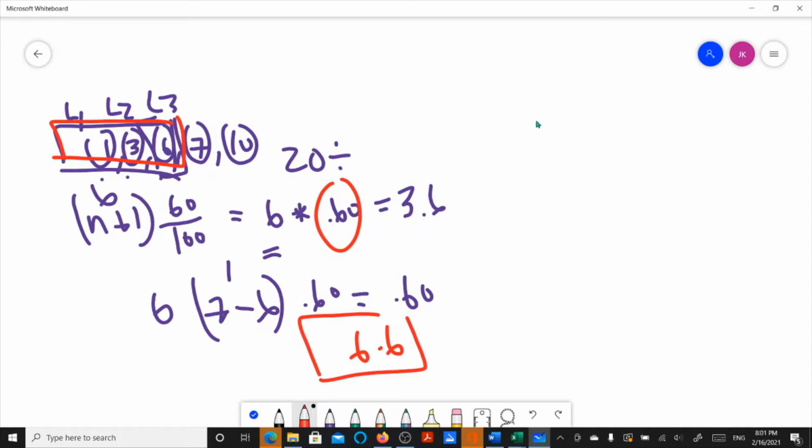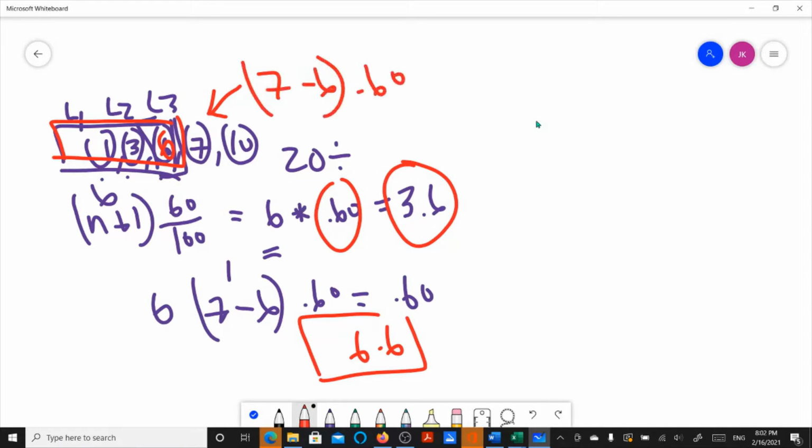We did the 6 because when we did the calc, we had a location of 3.6. We counted the location, which gave us the 6 number, and then we took 7 minus 6 times the 0.60 so that we could find another location, which gave us the 0.6.